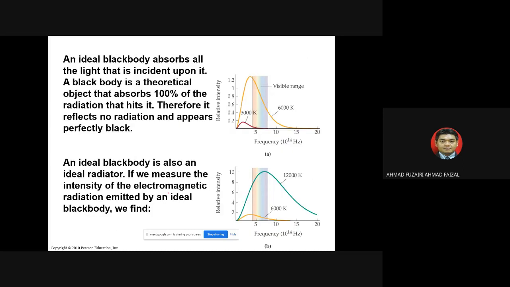So this is the black body, a theoretical object that absorbs 100% of the radiation that hits it.